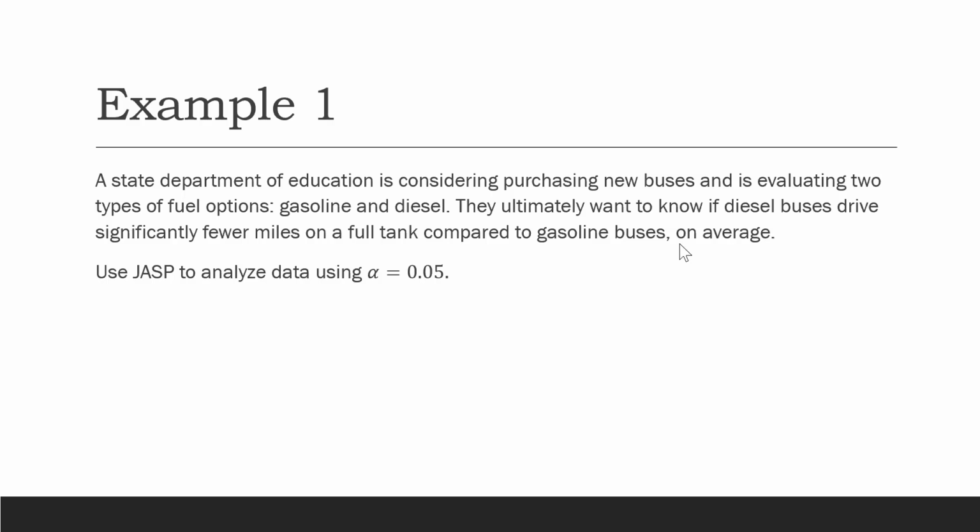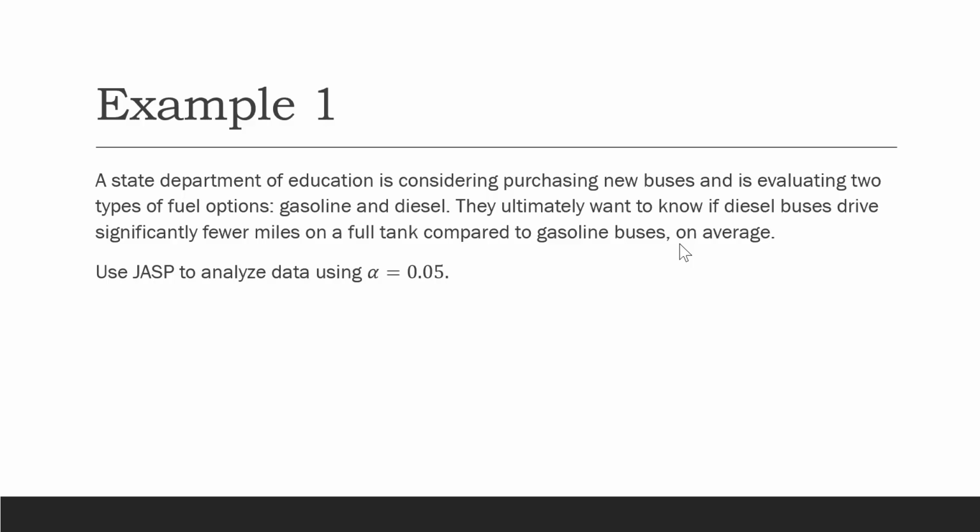There is nothing that's telling me that these two groups are related to one another, right? I can't pair a gasoline bus with a diesel bus in some sort of a way, or we didn't use any measure to do that, right? And of course, it's not the same bus because they're not going to be run on diesel and gasoline, right? So we have independent samples here. So we're going to say that we're going to use the independent samples t-test.